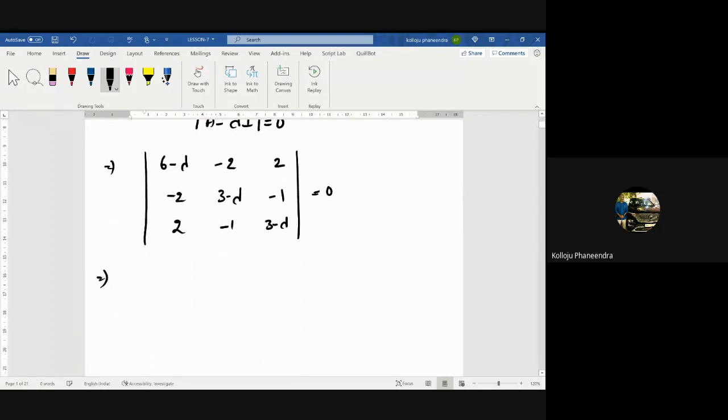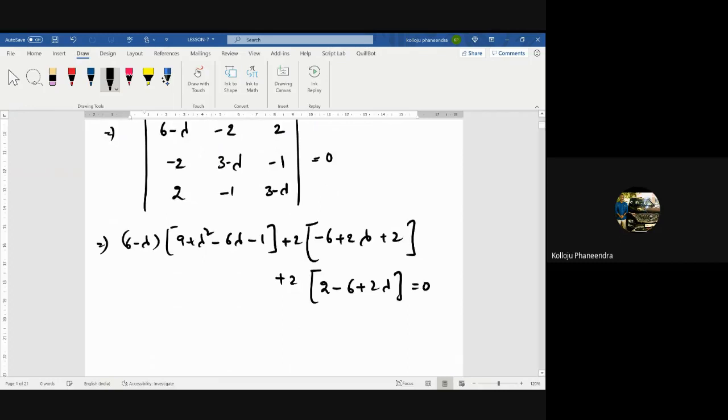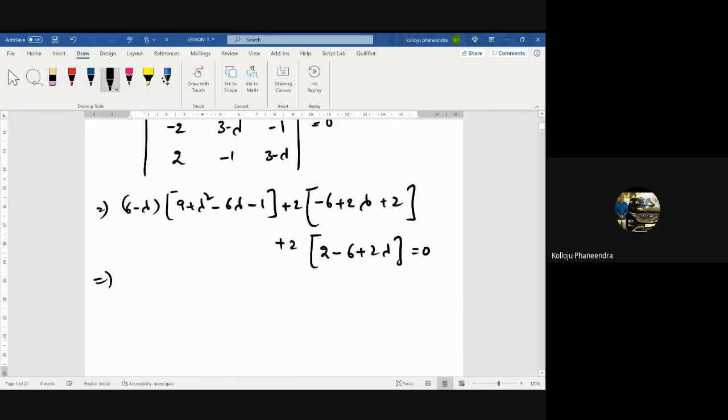If I expand this: 6 minus lambda times (3 minus lambda)(3 minus lambda) which is 9 plus lambda square minus 6 lambda, minus 1. Then minus of minus, plus 2. This one goes, so this is minus 6 plus 2 lambda, and this is plus 2, and plus 2 into the last one, which is 2 minus 6 minus 2, means plus 2 lambda, equal to 0. If any corrections, suggest me immediately.